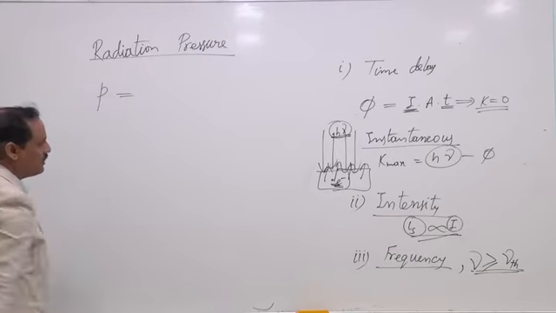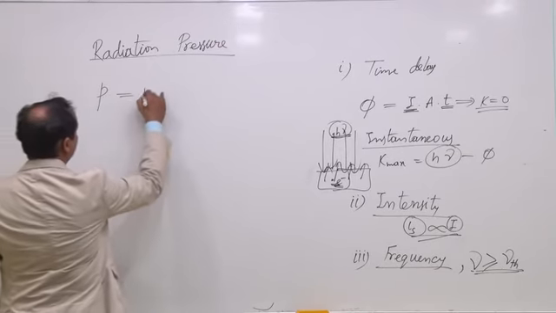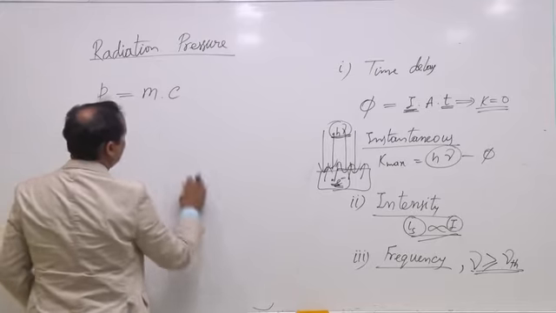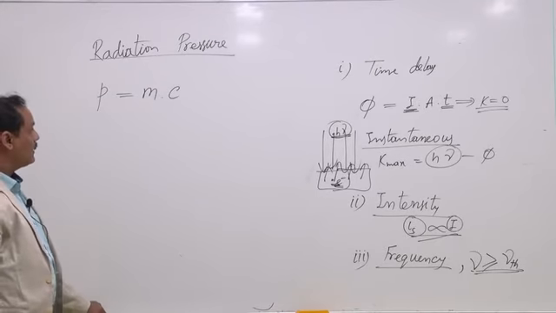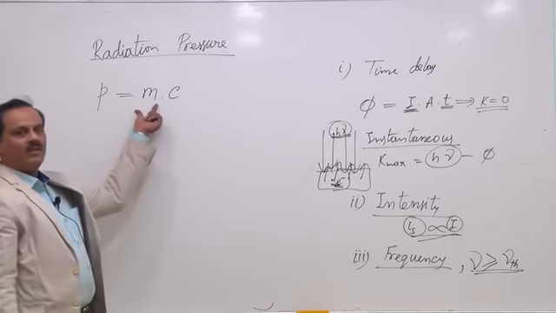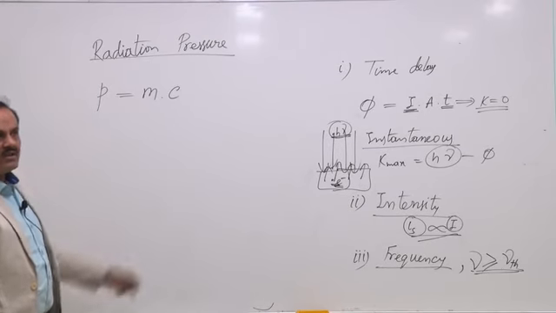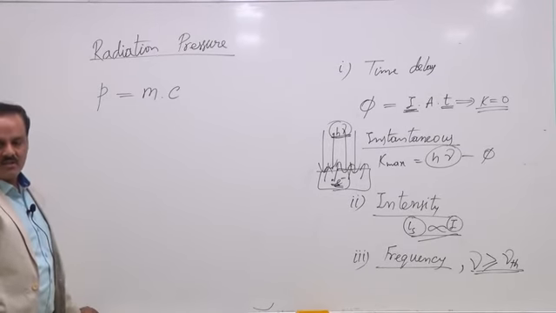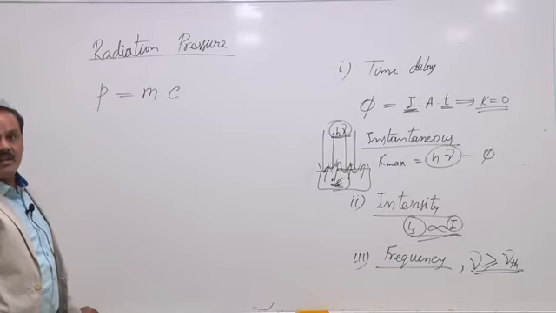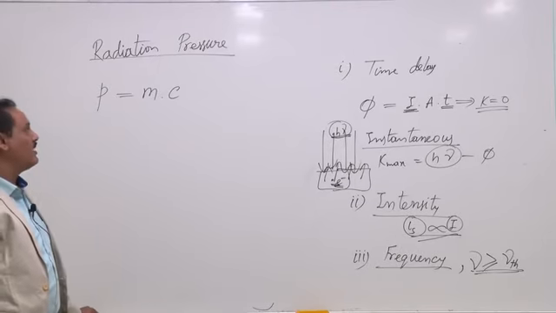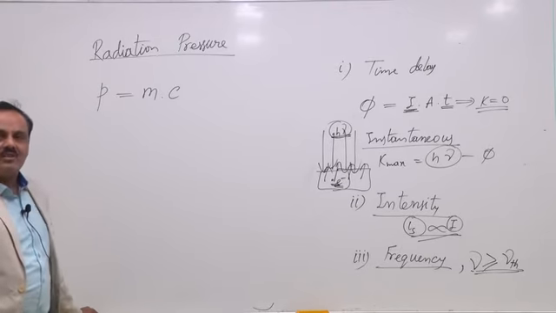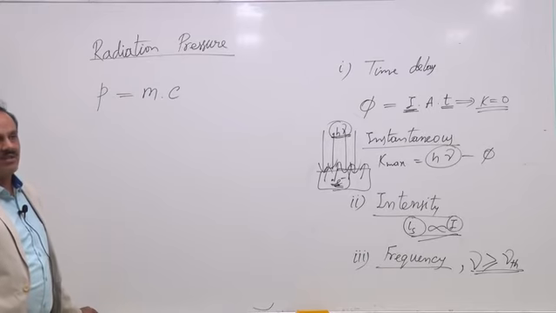Momentum of a photon is equal to the mass of the photon times the speed of the photon. Now what is the mass of a photon? A photon is a particle having zero rest mass. That is, when the photon is at rest, it does not have any mass. But it is not the case when the photon is in motion.